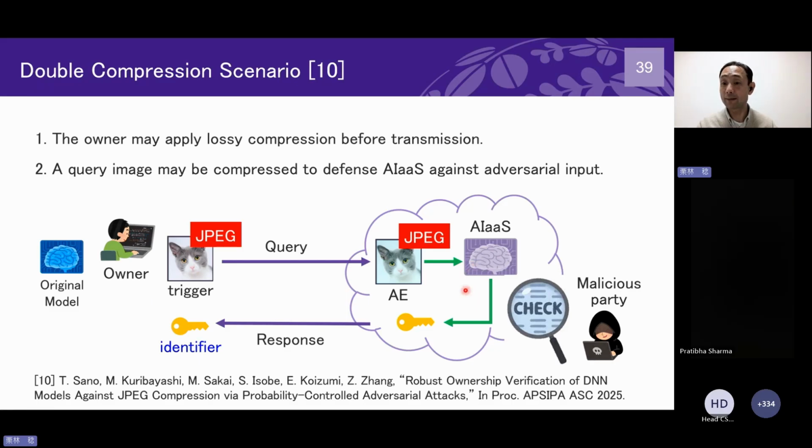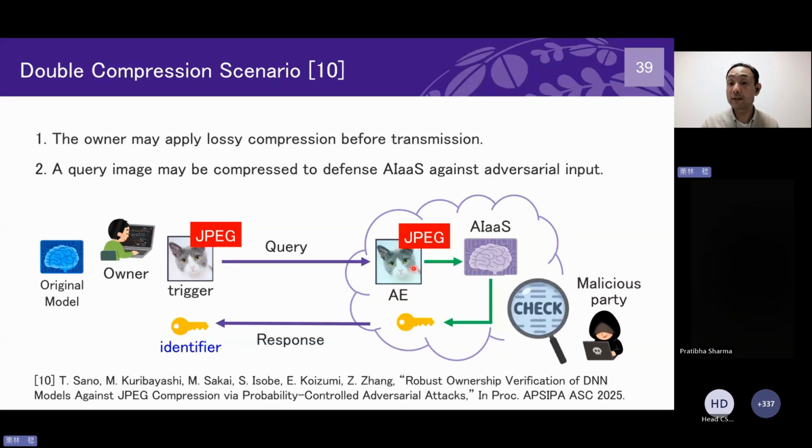At the cloud server side, the malicious party will try to compress the received image by JPEG again, so that the adversarial perturbation will be removed. So it is compressed by JPEG first, and at the cloud server side, it is compressed by JPEG again. This is a kind of double compression scenario.